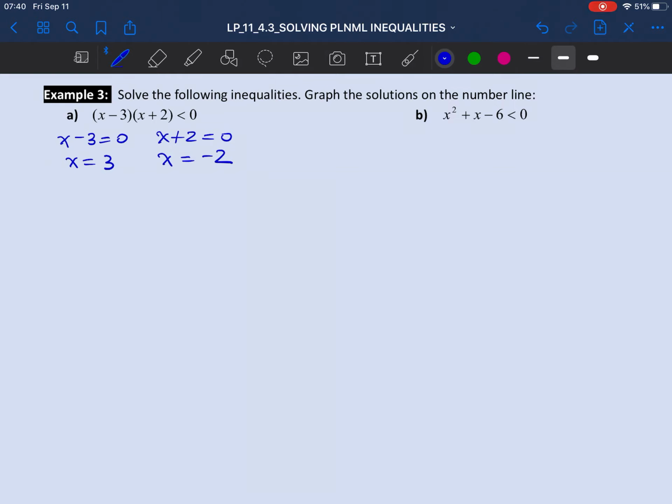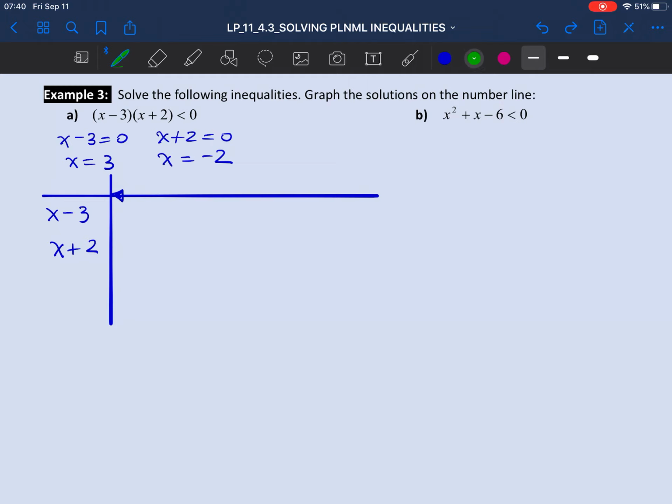And now we are going to create our chart. Let me cheat here by using the option of drawing the straight line. And here goes the vertical line. And we're going to say that we have the factors x minus 3 and x plus 2. And here goes the number line from -infinity to +infinity.